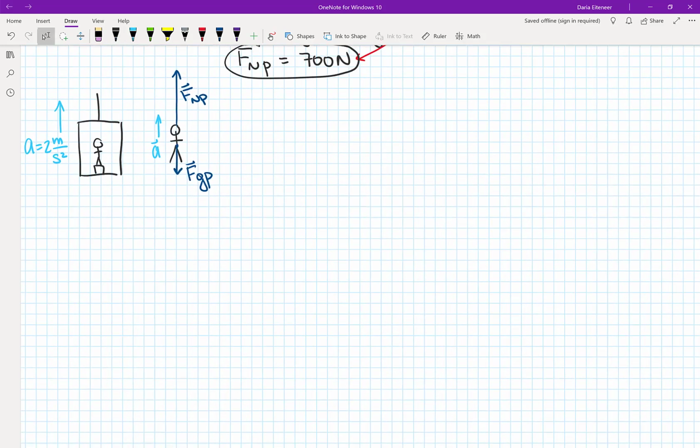So this time, when I write sum of all forces, it's not going to be 0. It's going to be mass of the person times acceleration. And then I'm going to write FNP minus FGP equals MP times a. And again, I'm going to solve for FNP.